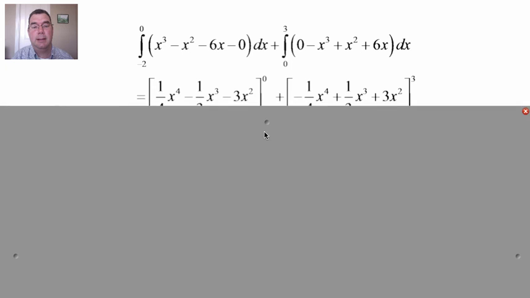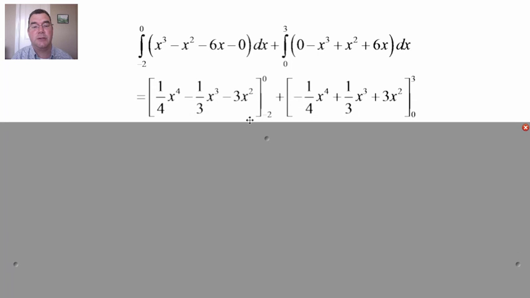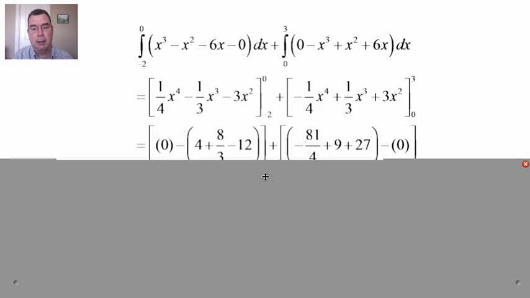Okay, if I integrate the first function, I get 1/4 x to the 4th minus 1/3 x to the 3rd minus 3x squared. Notice that in the second one, I get exactly the opposite. So all the pluses have become minuses, and all the minuses have become pluses. So I could have just as easily figured out what that integral was and then changed the sign of it, but I'm essentially doing the same thing here.